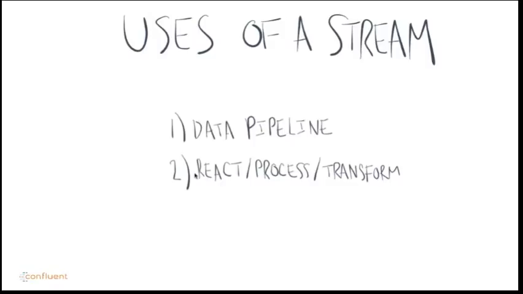And the second is building asynchronous services that react to the stream of data, that process it or transform it. These are the two use cases for this technology. I'm going to outline this in a little more detail so you get a feeling for the problem. Then we'll dive into Kafka and how it actually solves it.